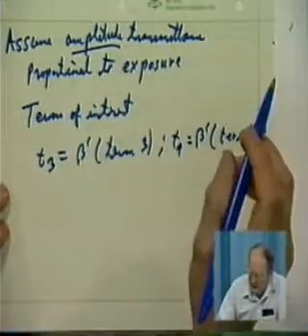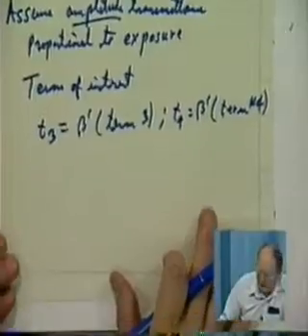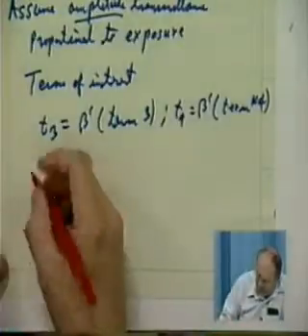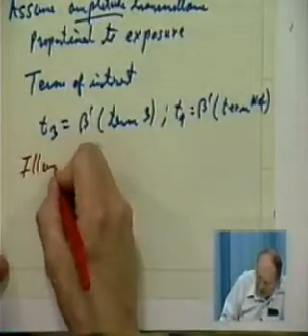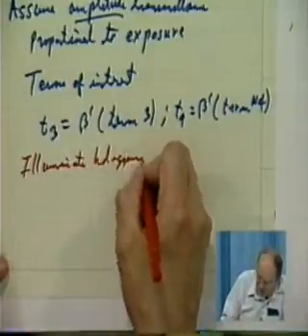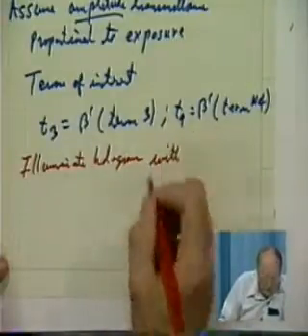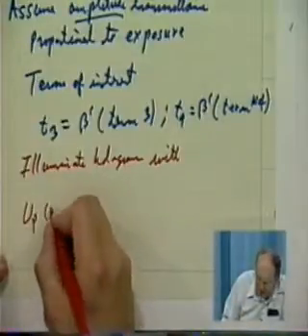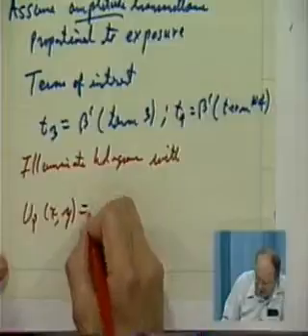Okay, so now we're going to take this hologram, process it so we get this linear relationship between amplitude transmittance and exposure, and we're going to illuminate the hologram with a spherical wave. Again we're going to make the parabolic approximation to the spherical wave.